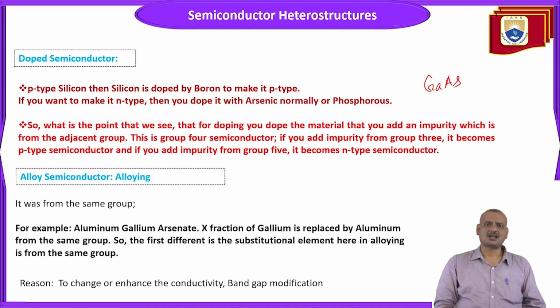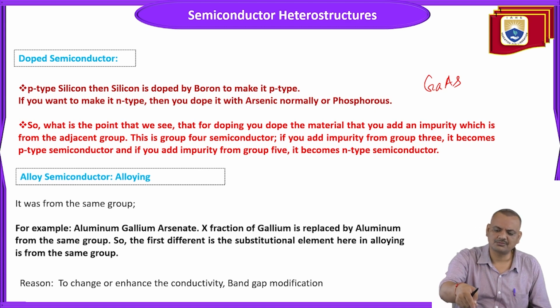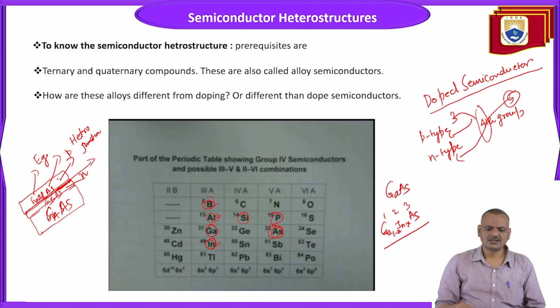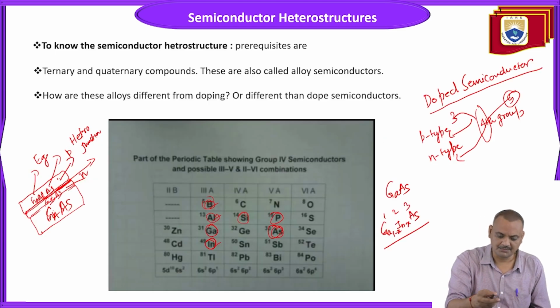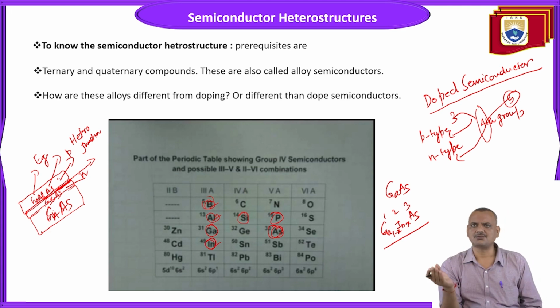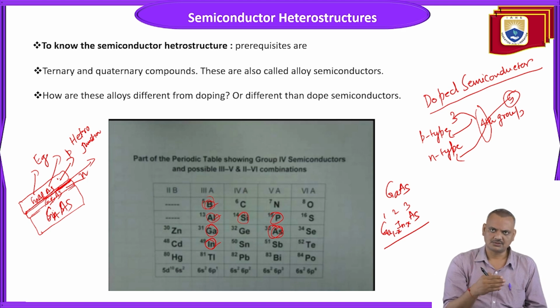Alloy semiconductor, or what is alloying? It is from the same group. Same group means, suppose you have gallium arsenide. You have to replace this gallium or arsenic with a same group element. Suppose you want to replace in some fraction, not all, or you can replace this gallium in totality, but again it will become a binary. So you want a ternary or quaternary semiconductor.